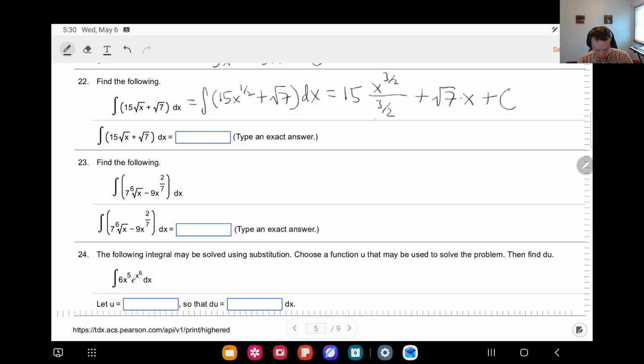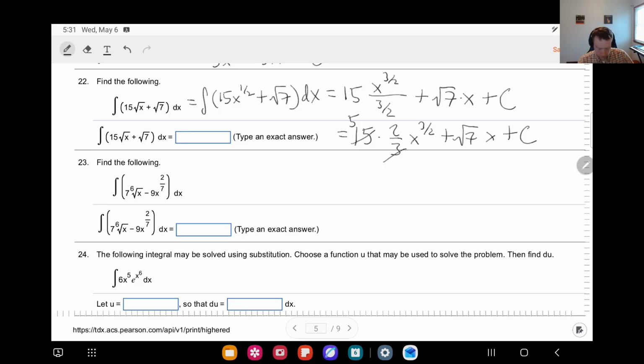Okay. Little bit of simplifying we can do here with the 15 divided by 3/2. Think of it as 15 times 2/3. Same thing. And then you get a little canceling here.